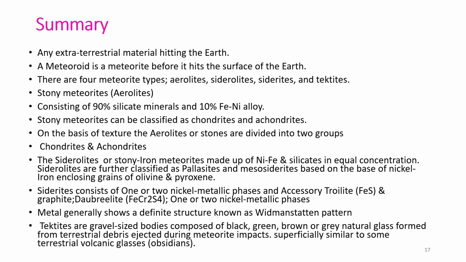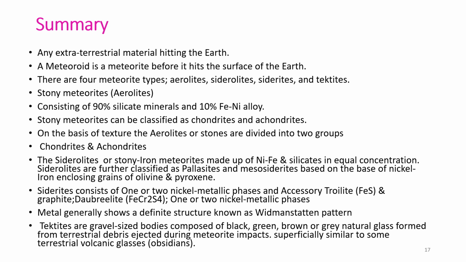And siderolites are stony-iron meteorites made up of nickel-iron and silicates in equal concentration. Siderolites are further classified as pallasites and mesosiderites, based on nickel-iron enclosing grains of olivine and pyroxene.